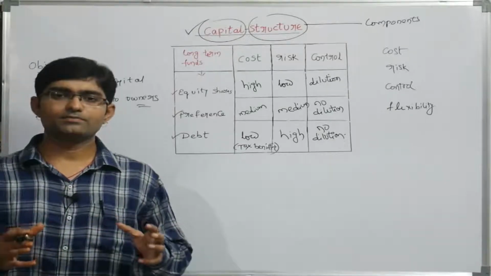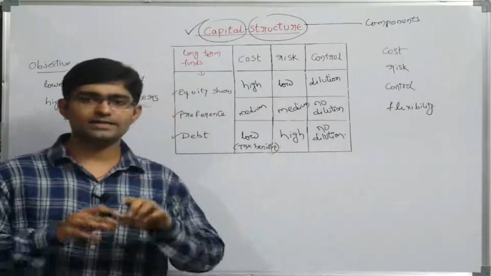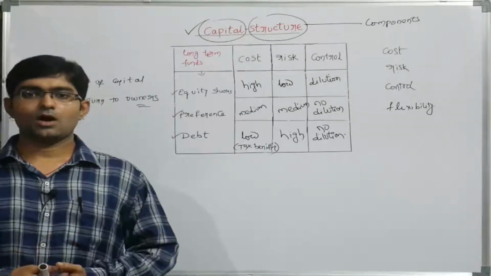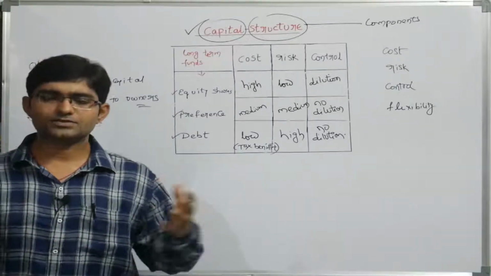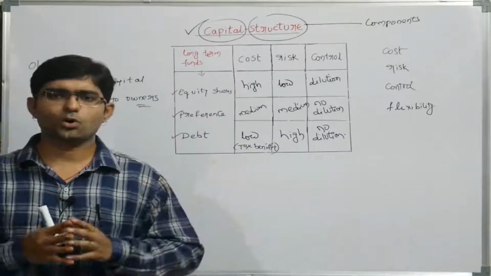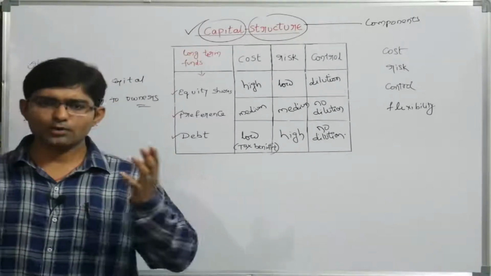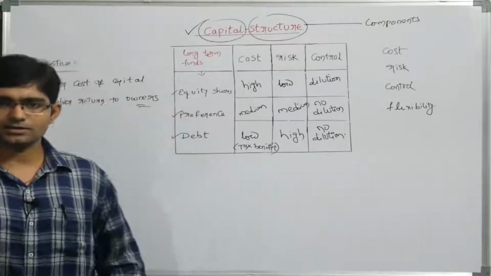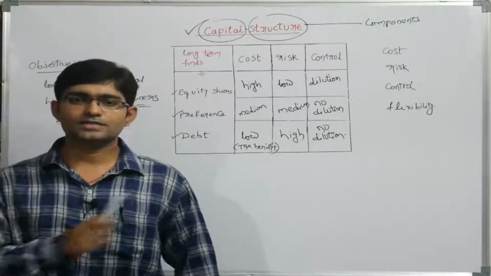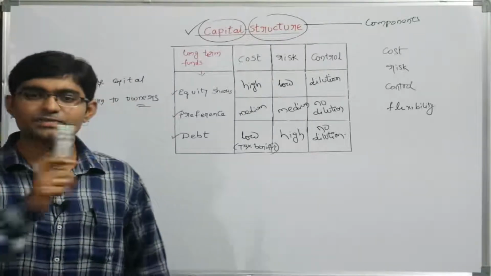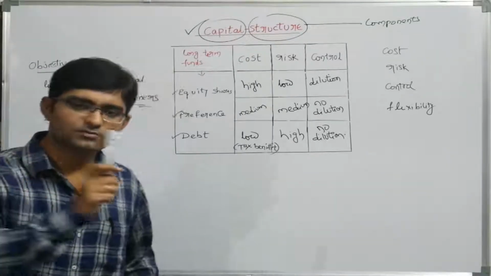So you have to keep this flexibility in mind while designing a capital structure. How to design a capital structure? What proportions of debt, equity and preference do we have to use? Tell me that. You will ask this question because you stepped into the shoes of a finance manager, so definitely you will get this question.